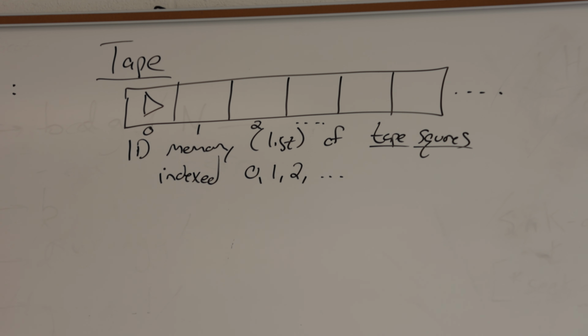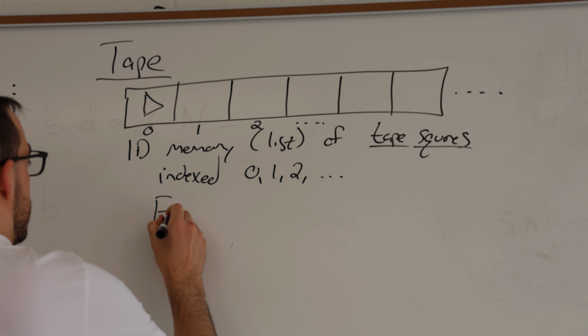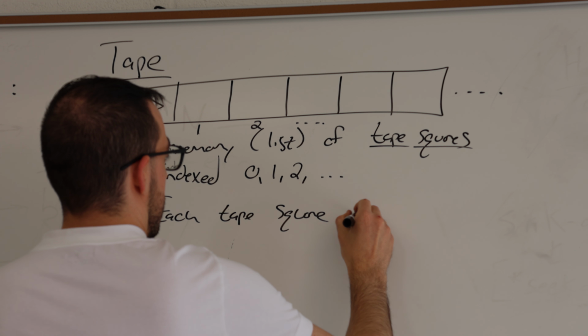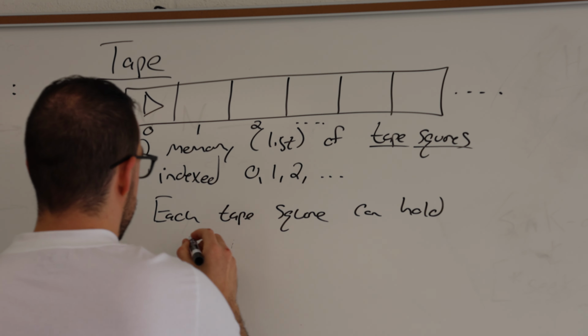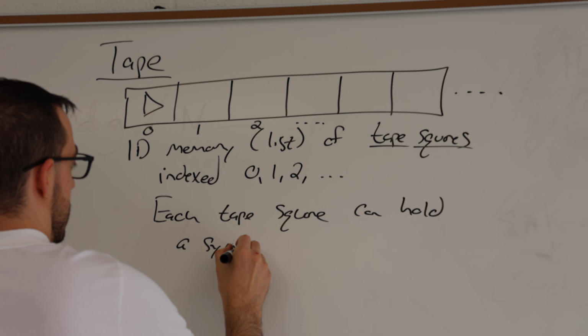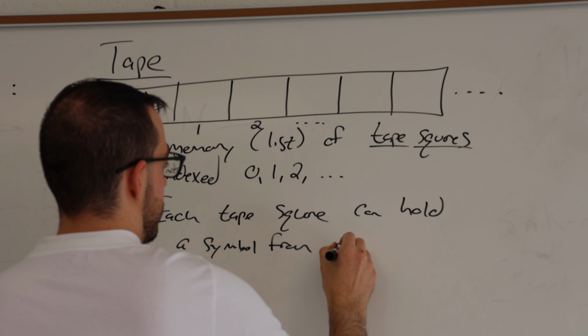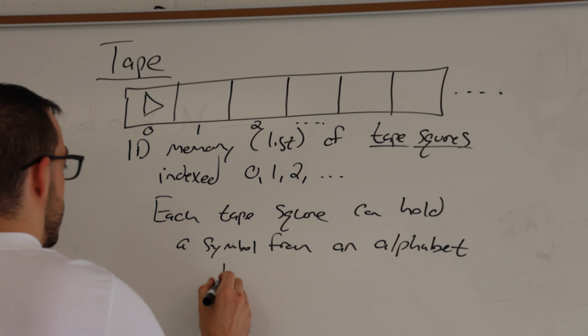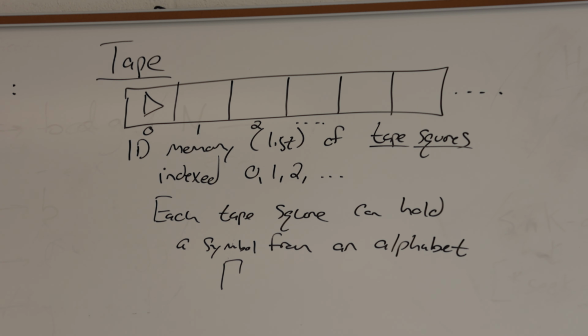And each tape square can hold a symbol from an alphabet. And as in the textbook, I'm going to call that alphabet capital Gamma, capital Greek letter gamma.